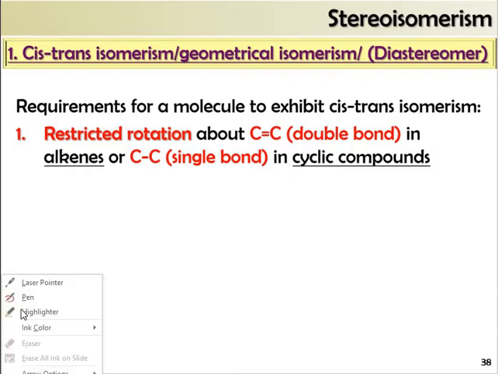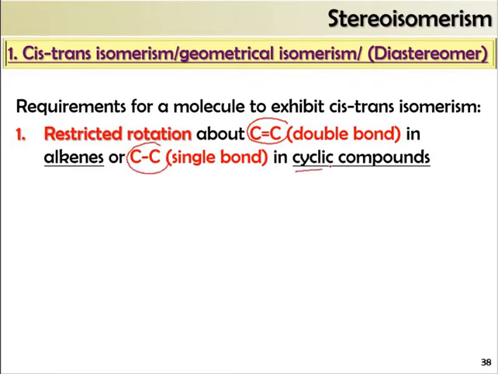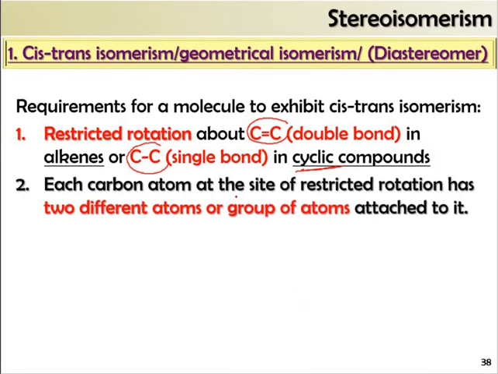So we have two types of restricted rotation. Number one, carbon-carbon double bond in alkene, and carbon single bond only in cyclic compound. The second criteria is each carbon atom at the site of restricted rotation has two different atoms or group of atoms attached to it.